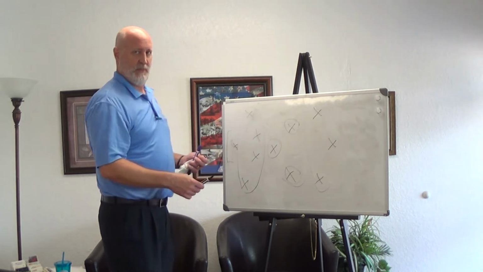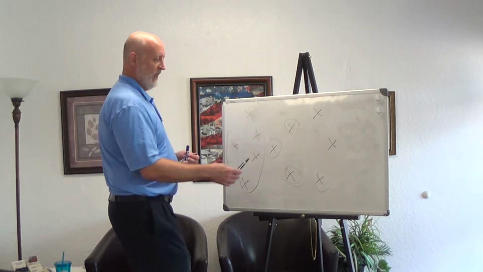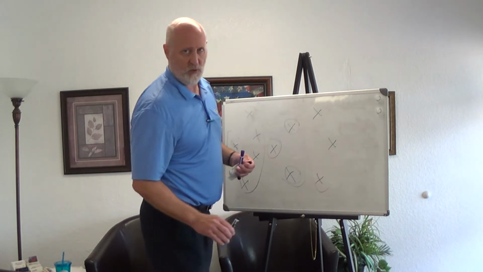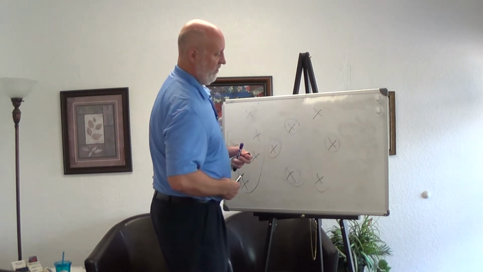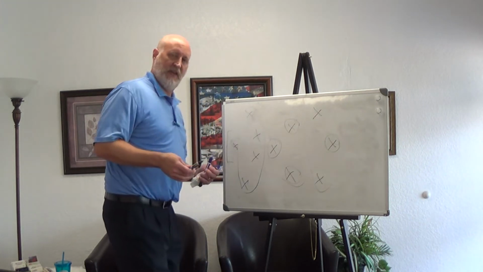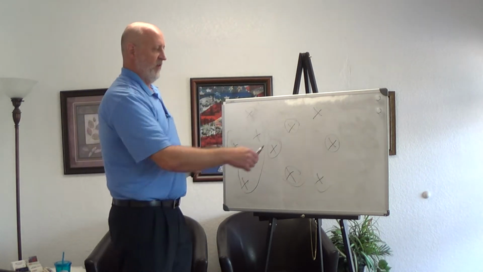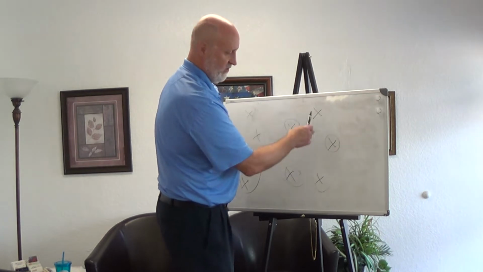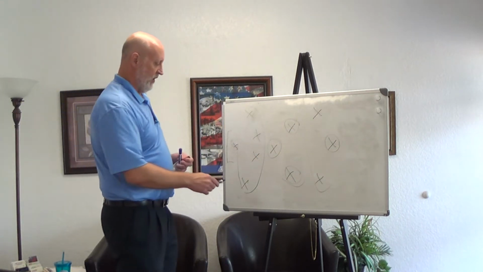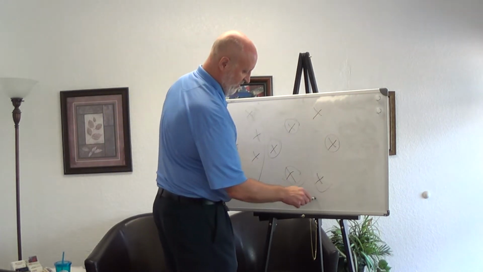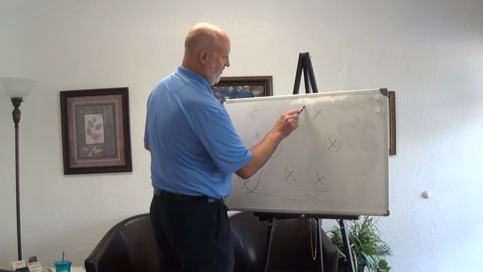Obviously that doesn't happen all the time, but that's the role. Then you have 3 forwards, and typically one forward is what they call the 9, right in front of the opposite goal, and the other 2 forwards supplement that.